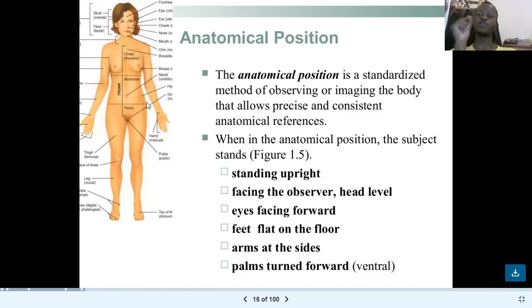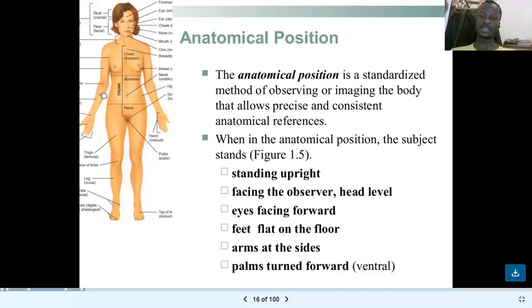So all the normal anatomy that you're going to describe is going to be in reference to this anatomic position, whereby you're going to be standing upright, facing the observer, in this case myself, head level, not down or up, eyes facing forward, feet flat on the floor. You place the arms on the sides, like here, and the palms are turned forward. They face ventral.